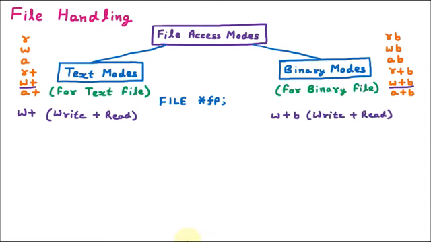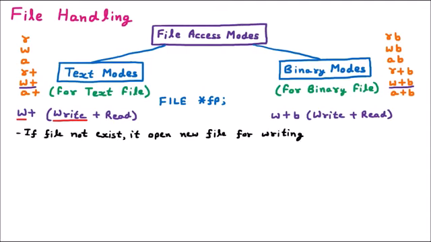Here write is the major. We know that in the write mode we have two cases, and those two cases will be followed. First, if the file does not exist, it opens a new file for writing. The second case is that if the file exists, its content will be overwritten.